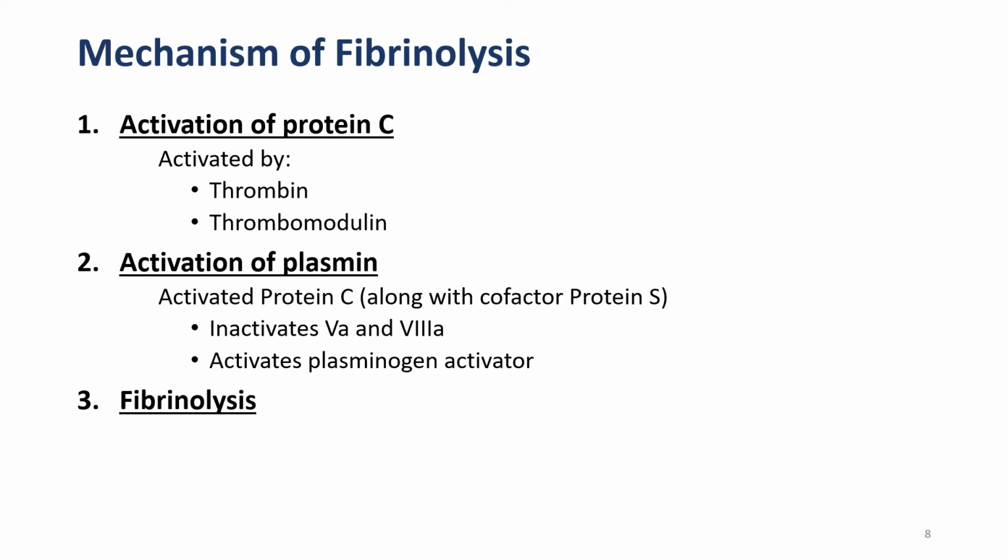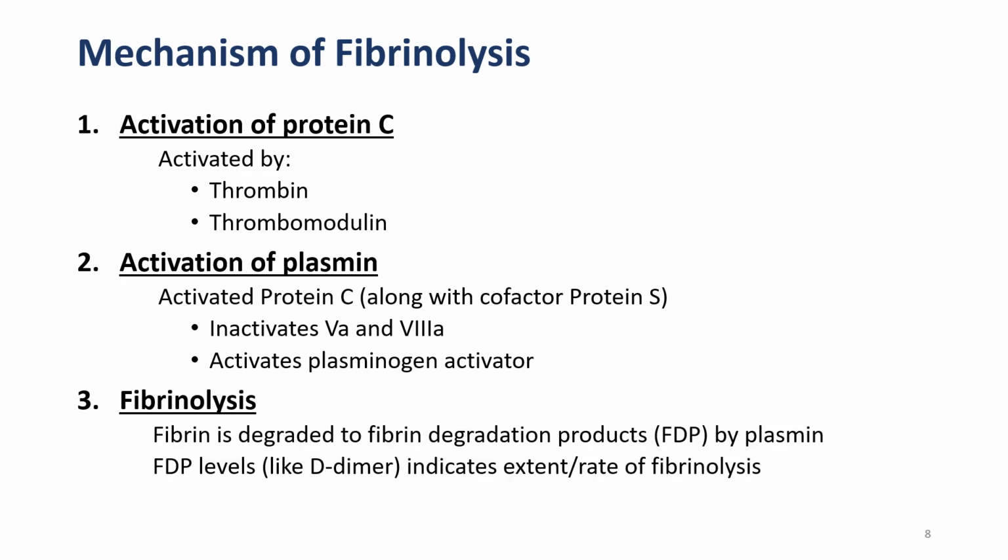Also, protein C activates plasminogen activator, which goes and activates plasmin. Then fibrin is degraded to fibrin degradation products, FDP, by this plasmin. FDP levels, like D-dimer, indicate the extent and rate of fibrinolysis.